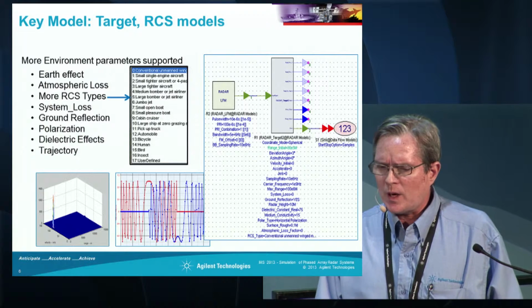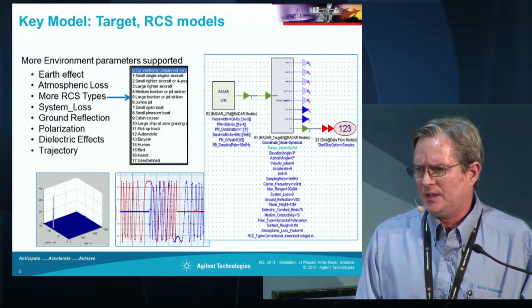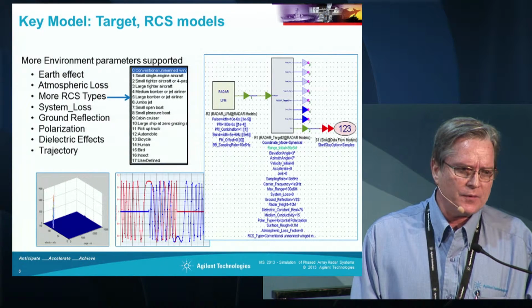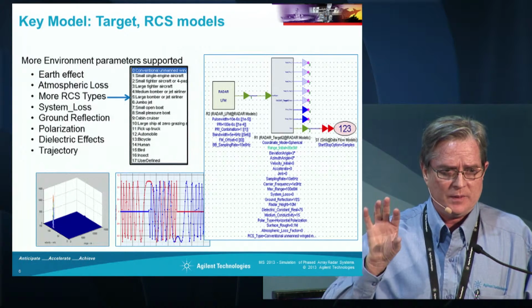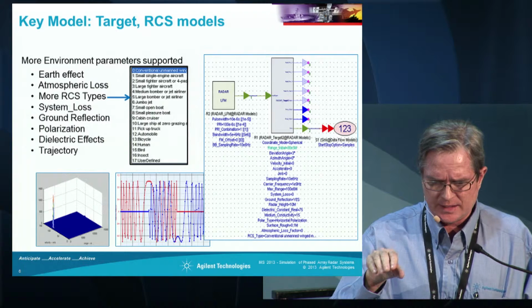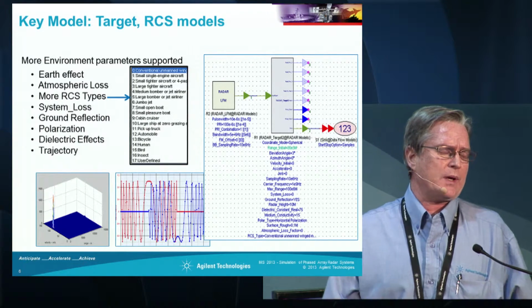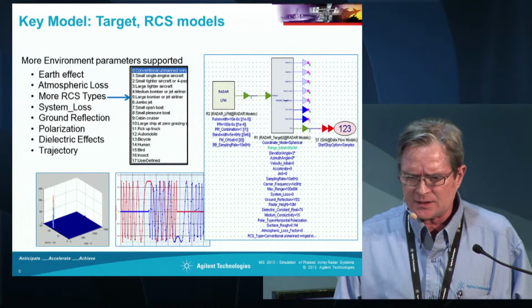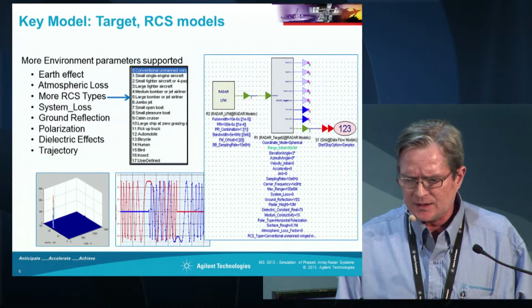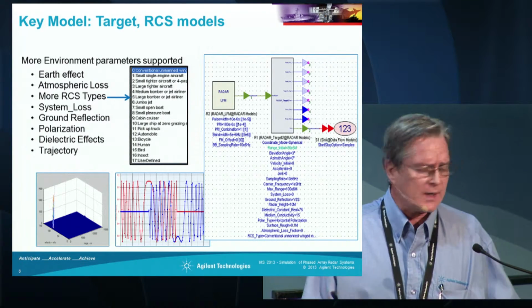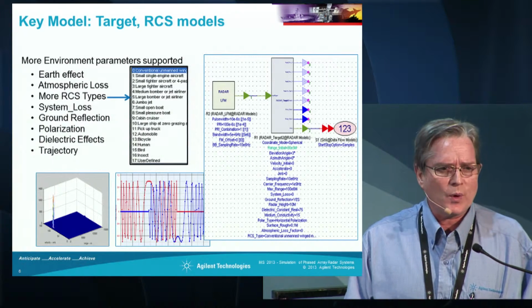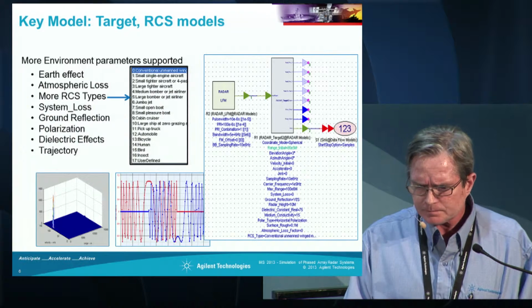Also, another important model is the radar cross-section. And there are lots of different types of radar cross-sections that are by default in this particular model. And so, of course, we can look at the ground effects and the atmospheric losses, of course, the system losses, ground reflection, polarization, and all the other things that are important when you're looking at radar.